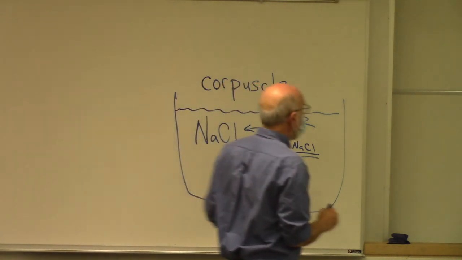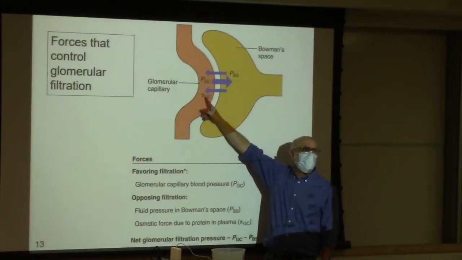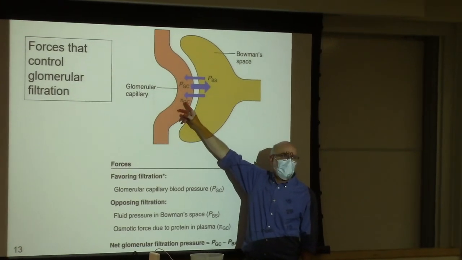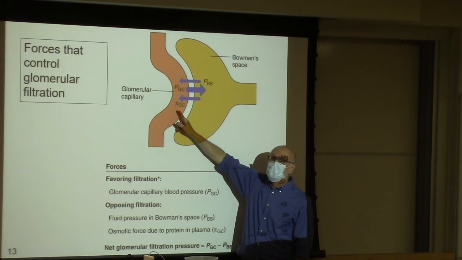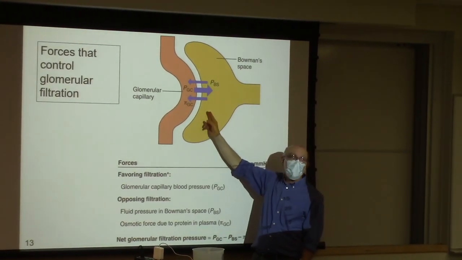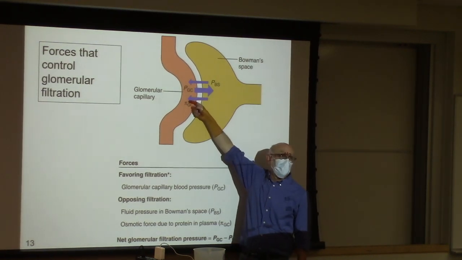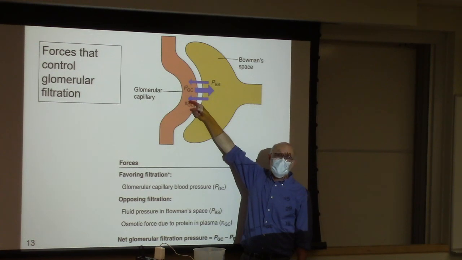So now you can see that the osmotic pressure in the glomerular capillaries is higher than the osmotic pressure in Bowman space. So the pressure differential for osmosis is in this direction.